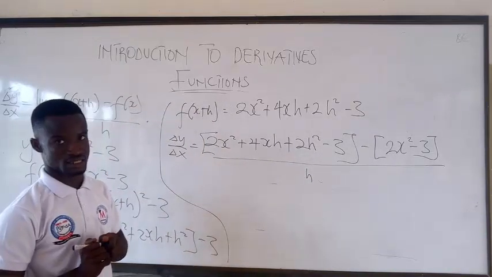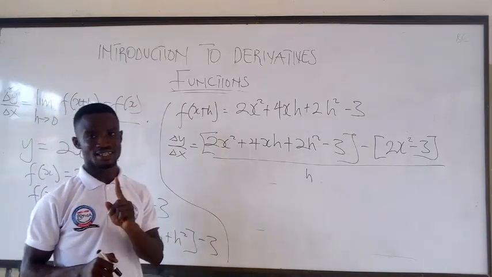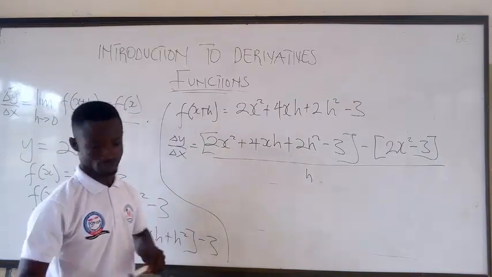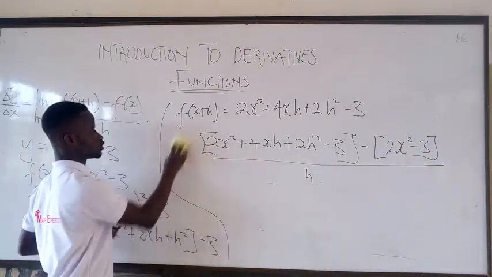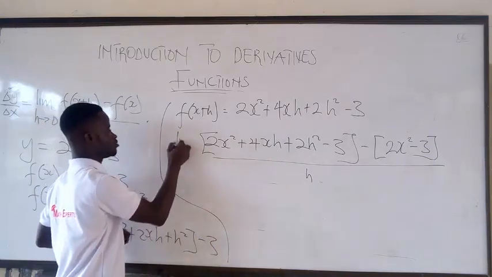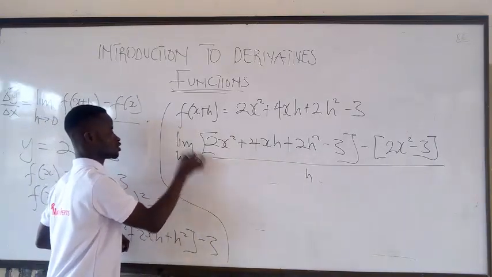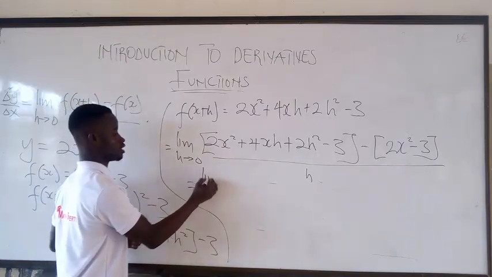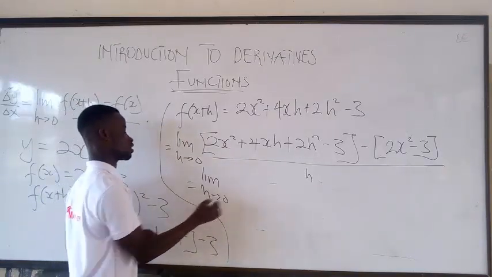But don't forget this. Always repeat the limit till you end it. So here should be the limit as h approaching 0. Alright. The limit as h approaching 0.